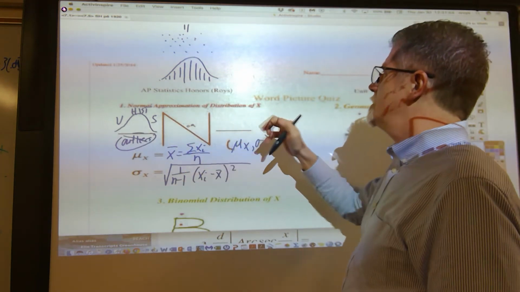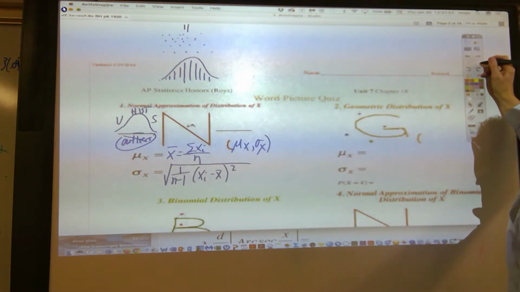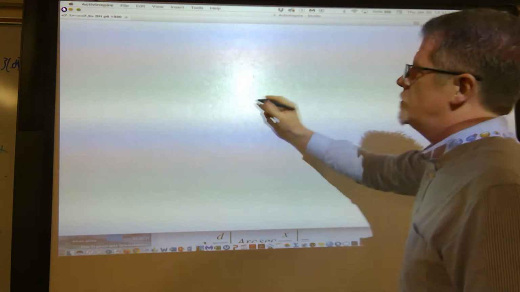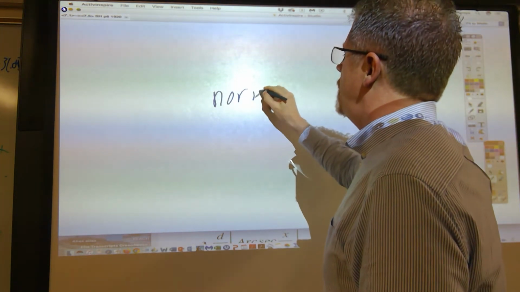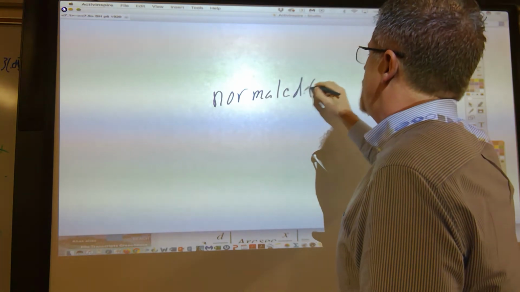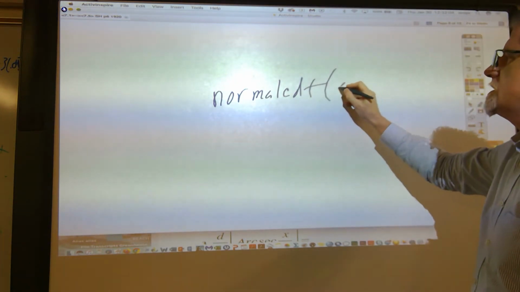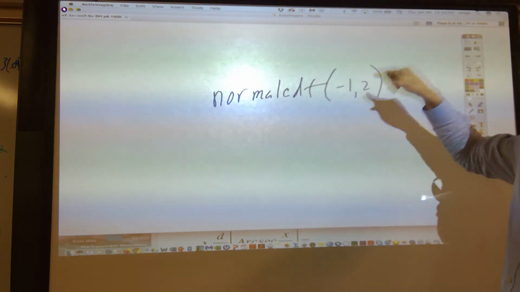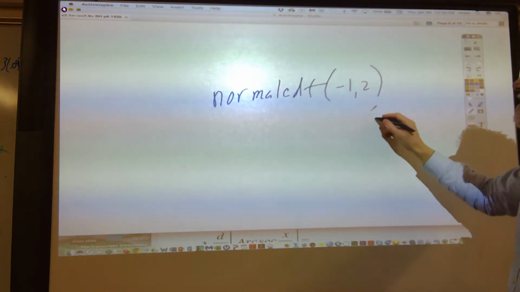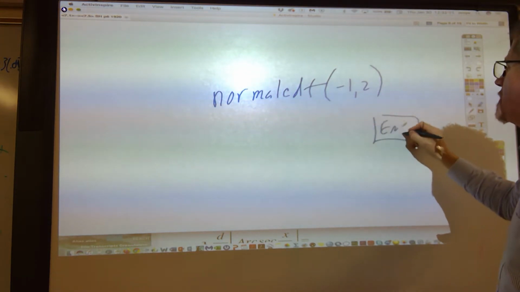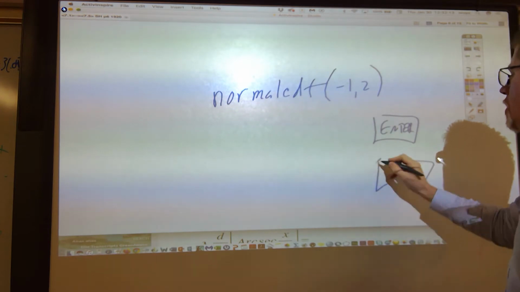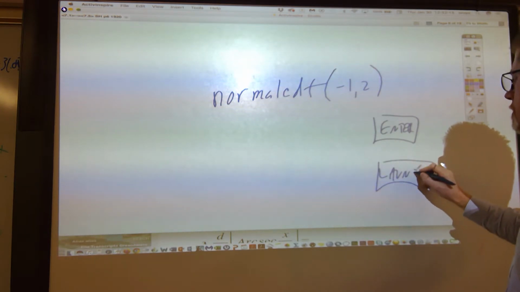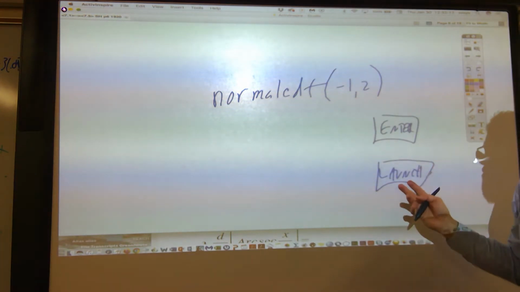When you look at a normal model and use it, it's kind of like launching a rocket. When you go to your calculator and find the normal CDF command and say, I want to know what normal CDF from -1 to 2 is, once you press enter, that's comparable to pressing launch. You're saying, I think we're cleared to launch.